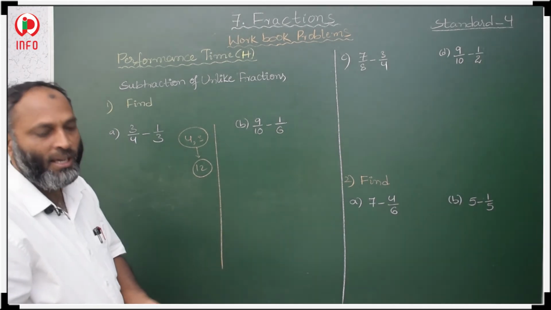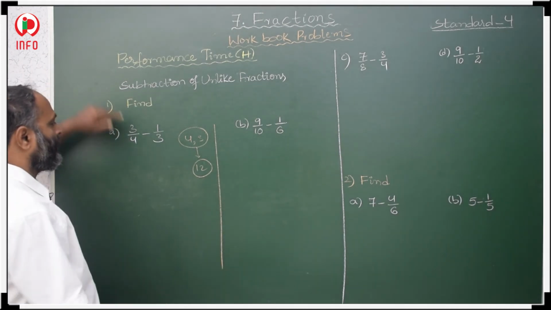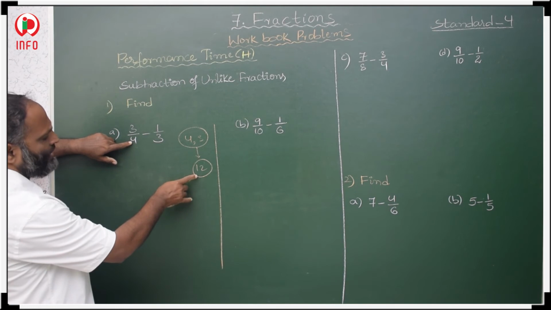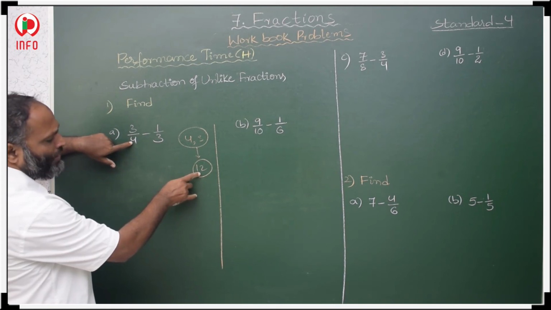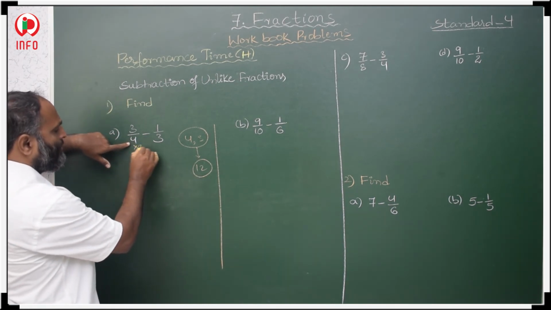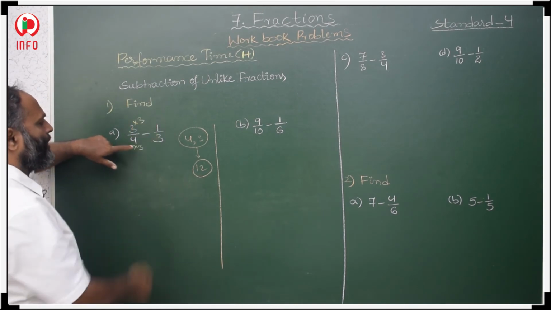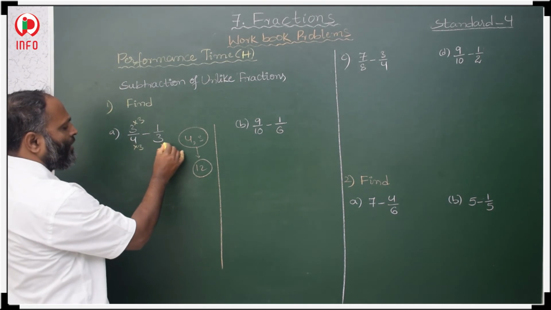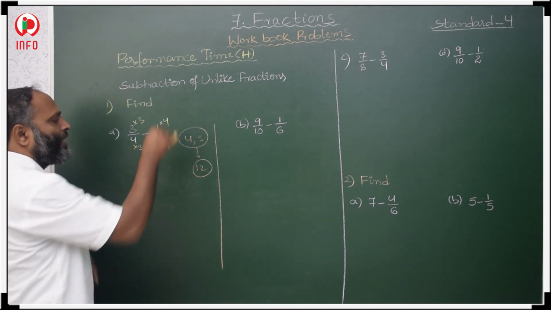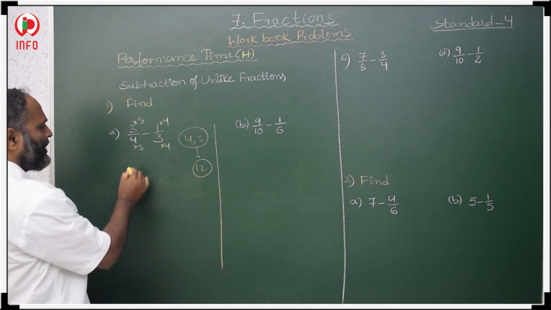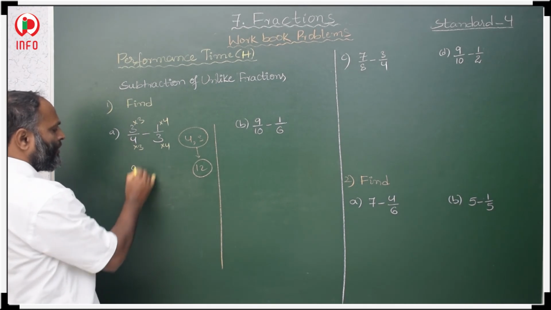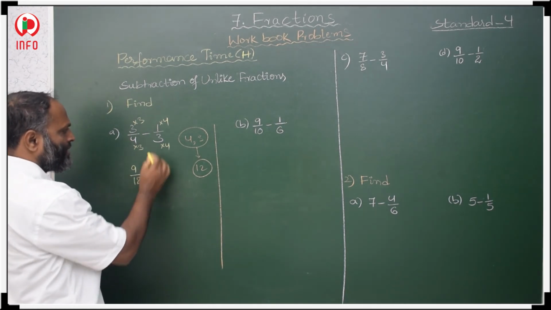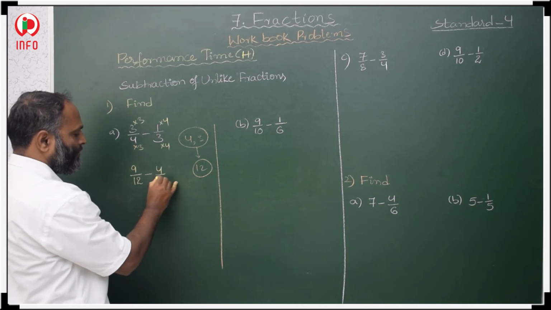Now in the first fraction's denominator, in the 4 table when you get 12, 3s are, multiply with 3, numerator and denominator. In the 3 table when you get 12, 4s are, multiply with 4, numerator and denominator. 3 3s are 9 by 4 3s are 12, minus 1 4s are 4 by 3 4s are 12.